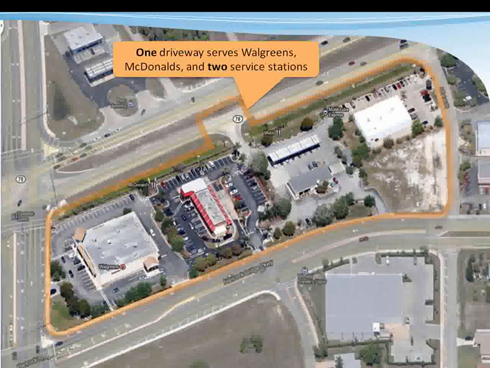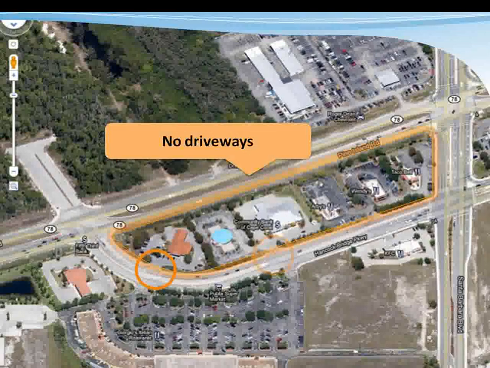These are in Southwest Florida, and you'll notice this one piece of property is being served by one driveway on the main road and a few other driveways on the backage road, but what we talked about is that support system.